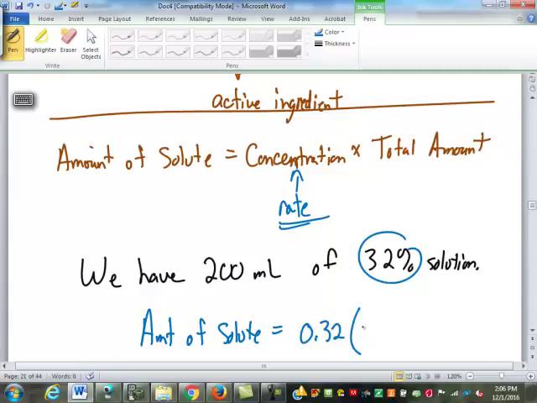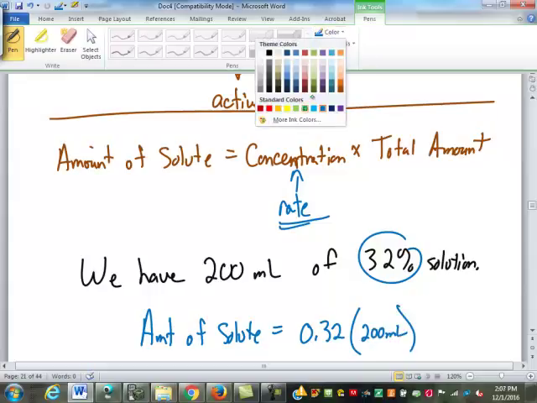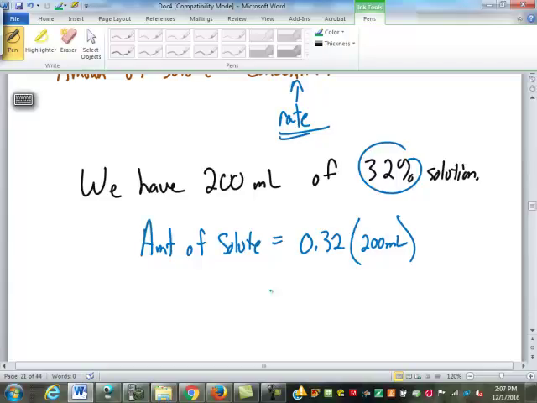So I'm going to put that in just parentheses, 200 milliliters. So I'll multiply 0.32 times 200 gives me 64 milliliters. So there's 64 milliliters of that active ingredient in that solution.